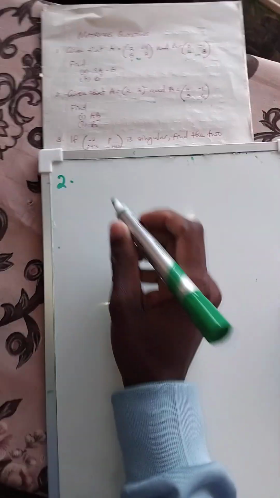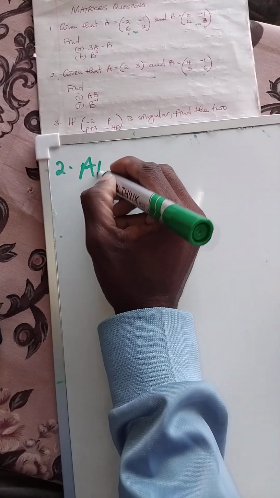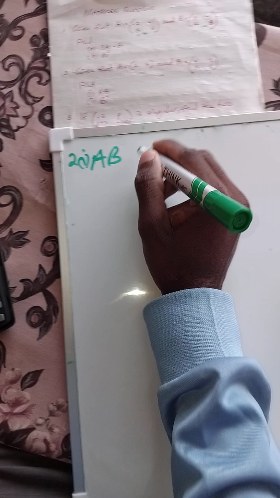Alright, number 2, you go to your AB, item 1 AB.